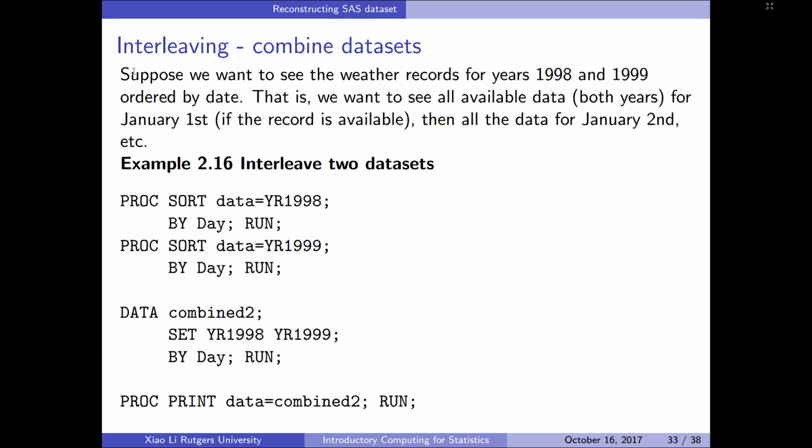The interleaving method of combining data sets is used when, suppose, we want to see the weather reports for year 1998 and year 1999 ordered by date. That is, we want to see all available data for January the 1st, then all the data for January 2nd, etc. We first begin with the sort procedure step.